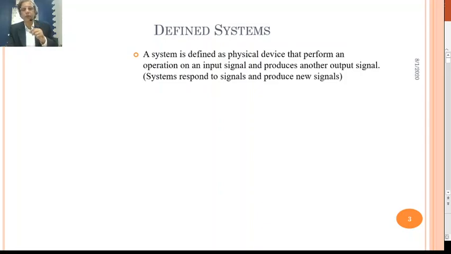Now I am speaking with you through this mic. Now this mic means microphone. This microphone is a system, and the input for this microphone is the speech signal, and output of this microphone is the electrical signal.